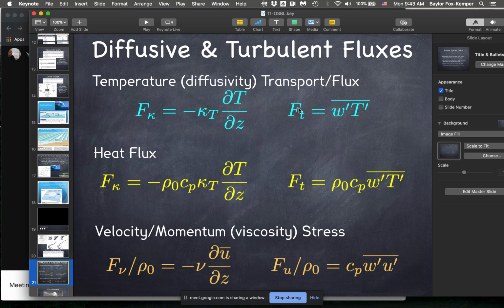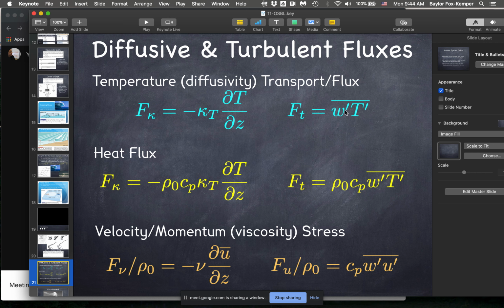The turbulent transport or turbulent flux of the same temperature quantity, we could write something like this. This is what we think of when we did the Reynolds decomposition that we talked about last week.